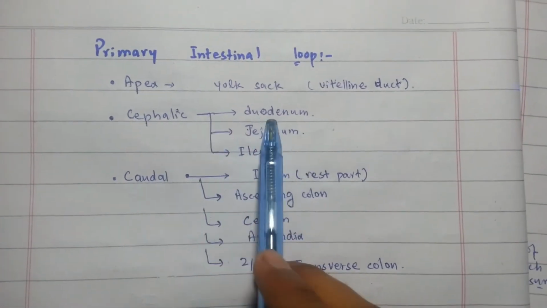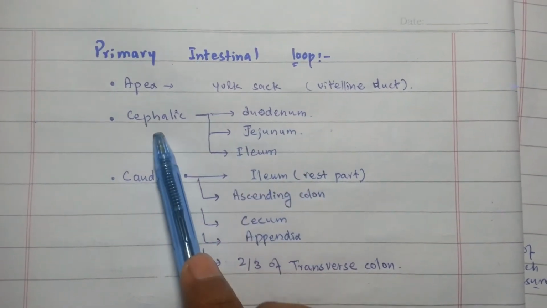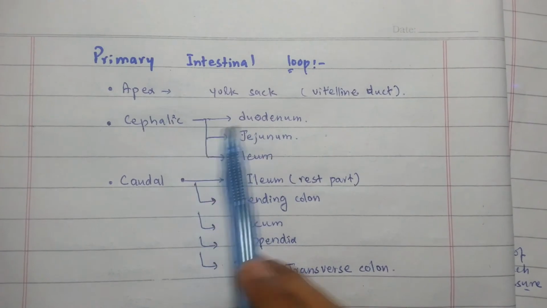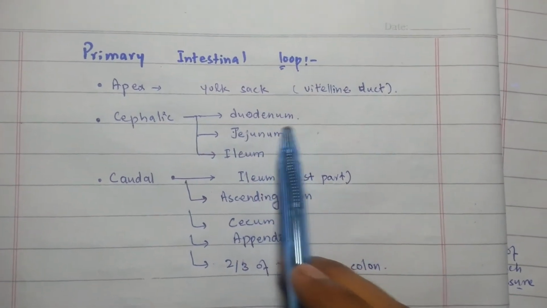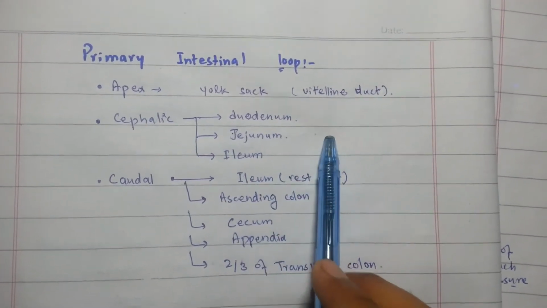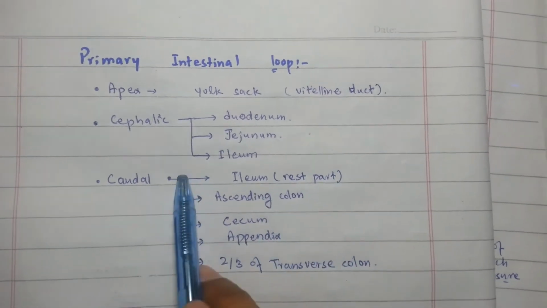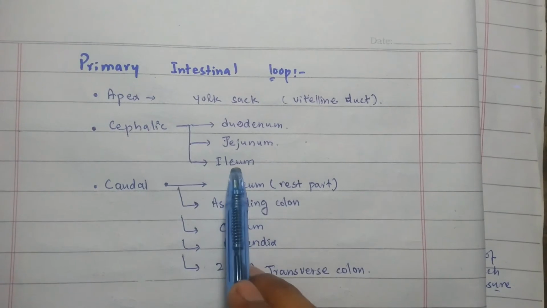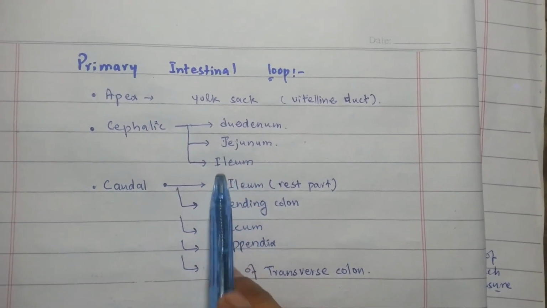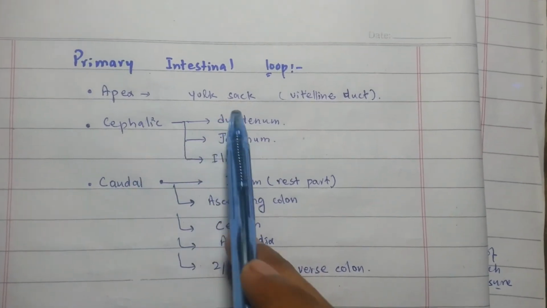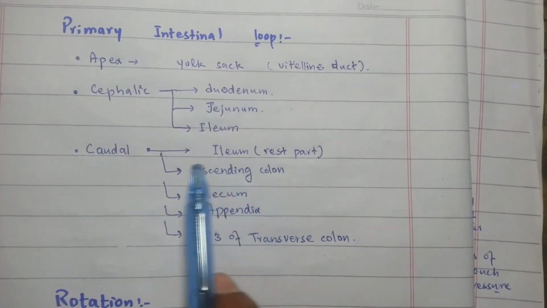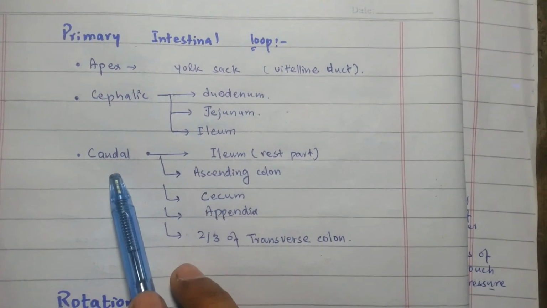Some part of the duodenum is developed from the cephalic part of the primary intestinal loop or the midgut, because the rest of the duodenum is formed by the foregut. Then the jejunum is formed from the cephalic part, and some part of the ileum also develops from the cephalic part. Then the rest of the ileum is formed by the caudal part.